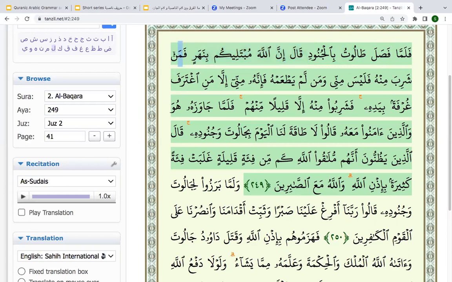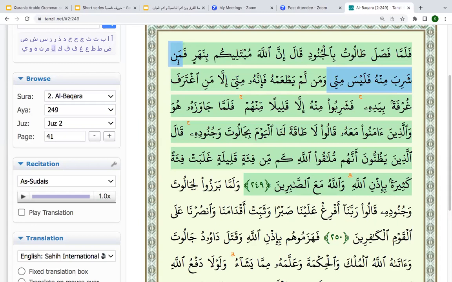Okay. So what is happening here? Man shariba minhu falaysa minni. Man shariba minhu. How are we going to treat this man? Whoever drinks from it is not from us.